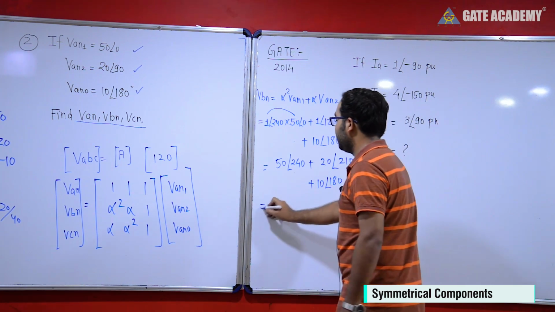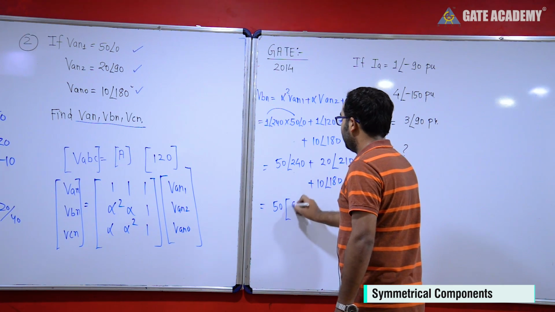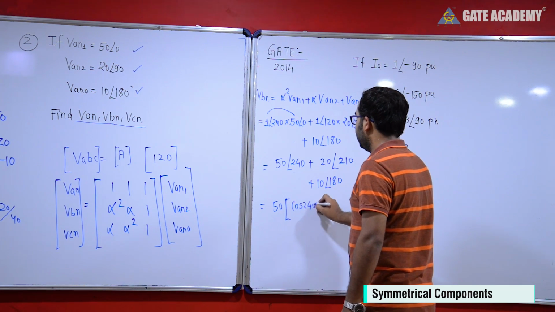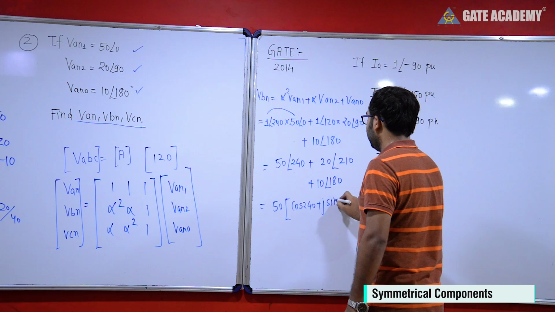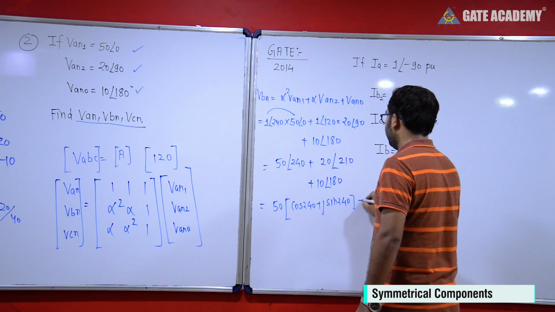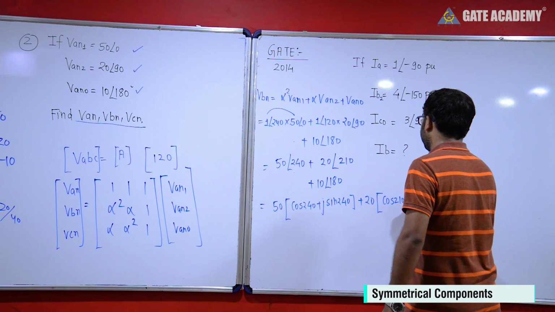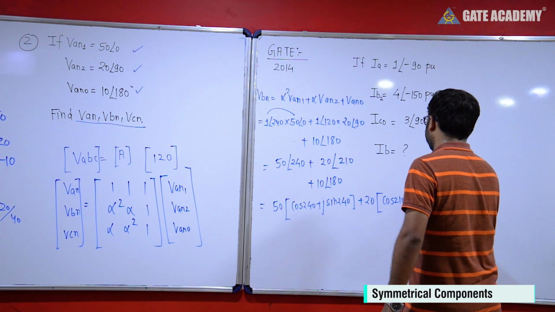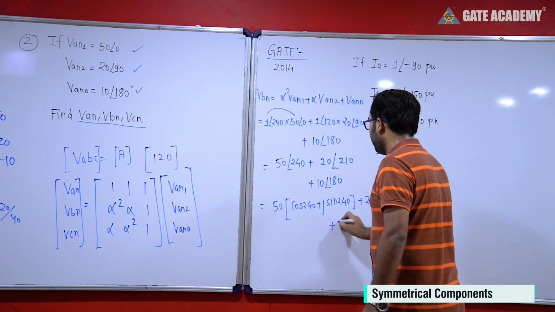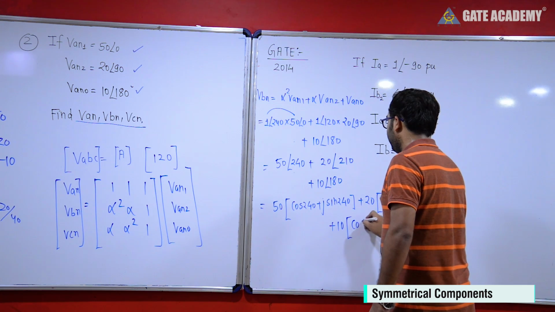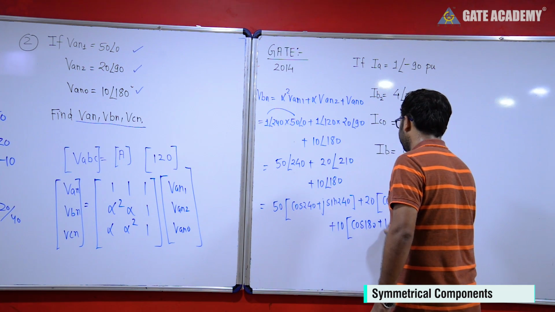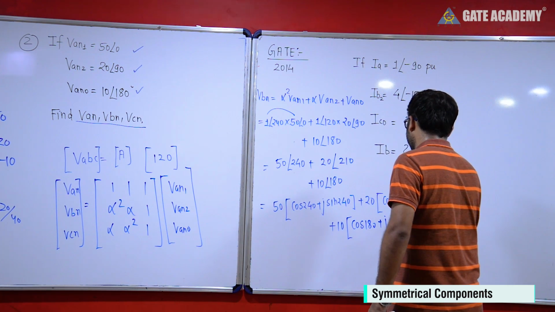Again use the basic concept: 50 cos 240 plus j sin 240, plus 20 cos 210 plus j sin 210. This is equal to cos 180 plus j sin 180.